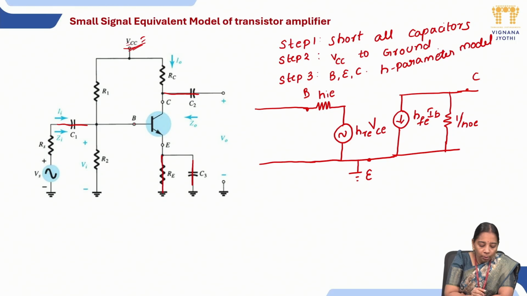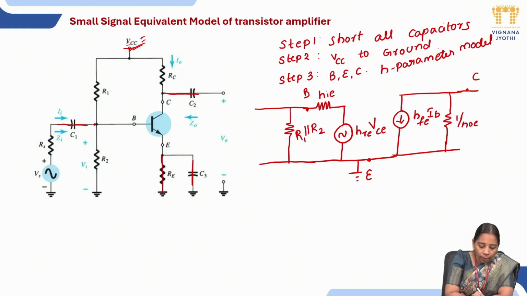Next, coming with the base terminal, we have 2 resistors. One resistor is connected to the base and the other end of the resistor is connected to ground. Coming with this R1 resistor, it is again connected to the base and the other end is connected to VCC, but in the second step we have connected VCC to ground, and hence we can draw a single resistor and make it R1 parallel R2.